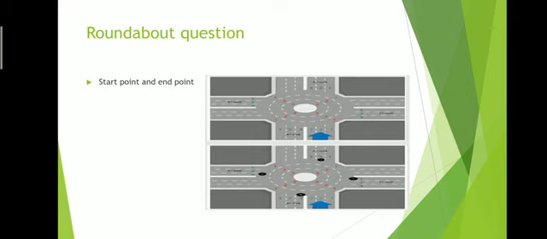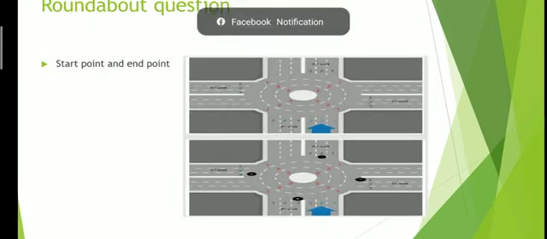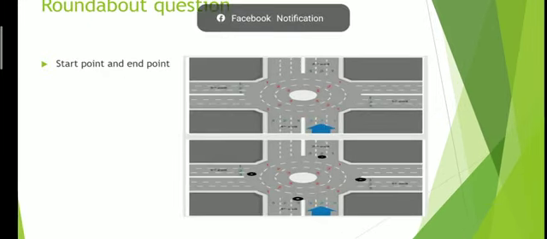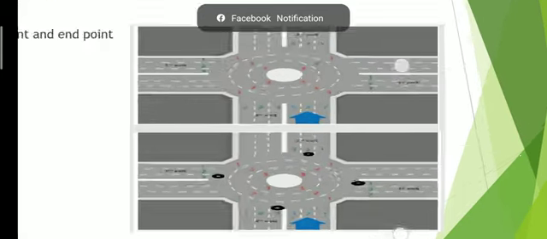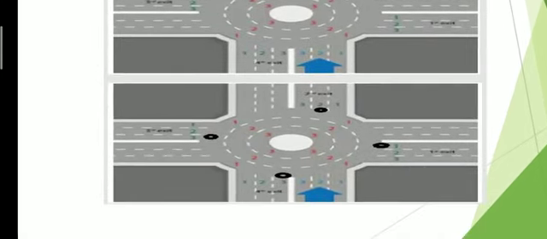Roundabout question, again one of the important questions. They will ask, if the blue one here is the start point, then what will be the end point. So just remember, these are the black spots which are highlighted. If you are in number 2, then in first exit you will go in lane number 1. For second exit you will go in lane number 2.